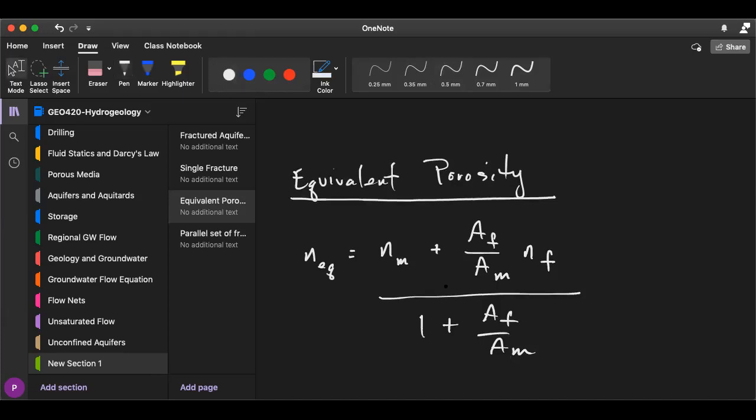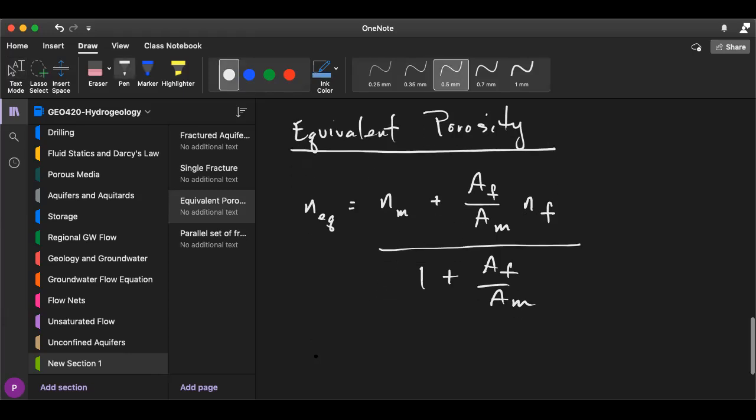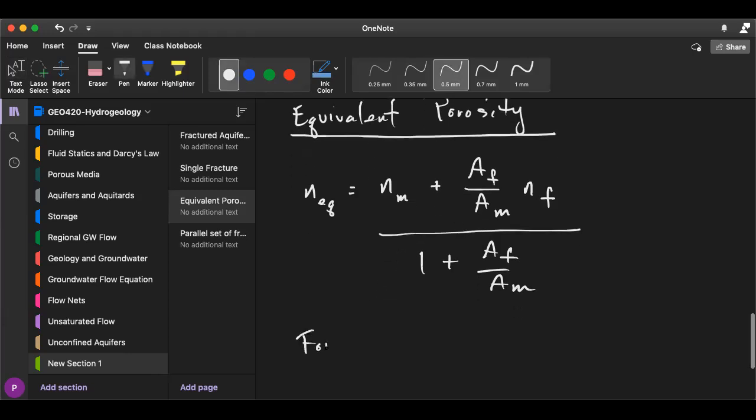Now, this is where the open fracture might come into play. So, for open fractures, parallel and uniform.